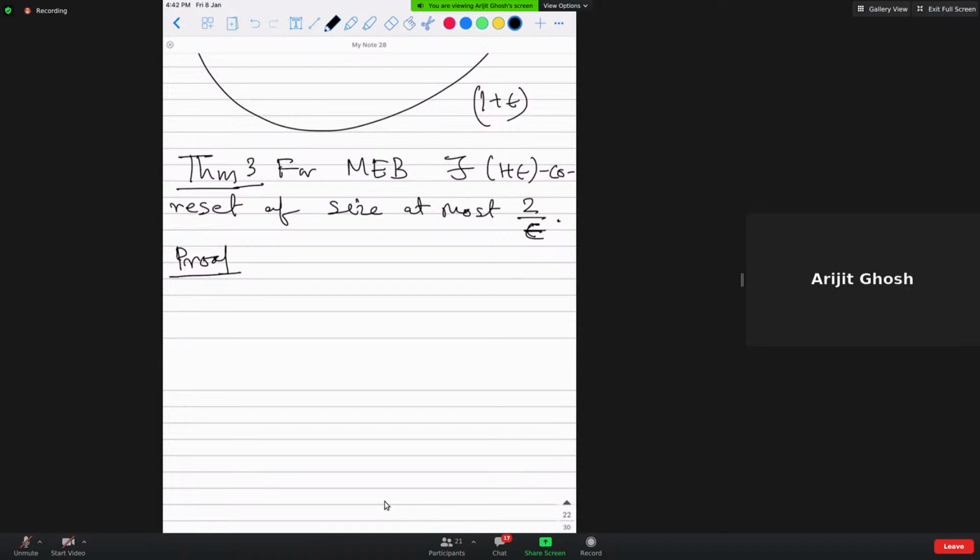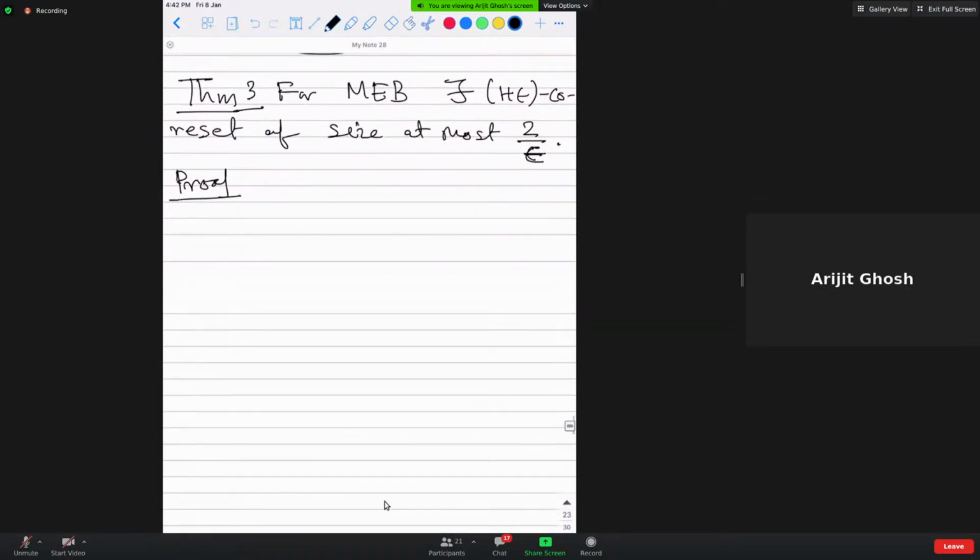Let me do proof by picture. You have a minimum enclosing ball for some set of points P. Let C be the center. By the way, we are working in R^d. This result is interesting in R^d only, not interesting if you are looking at dimension d equal to 2. The other result that we saw will be better than this for d equal to 2.